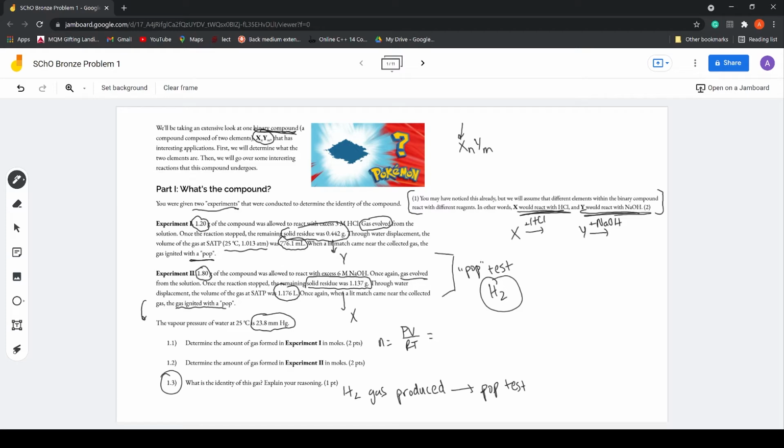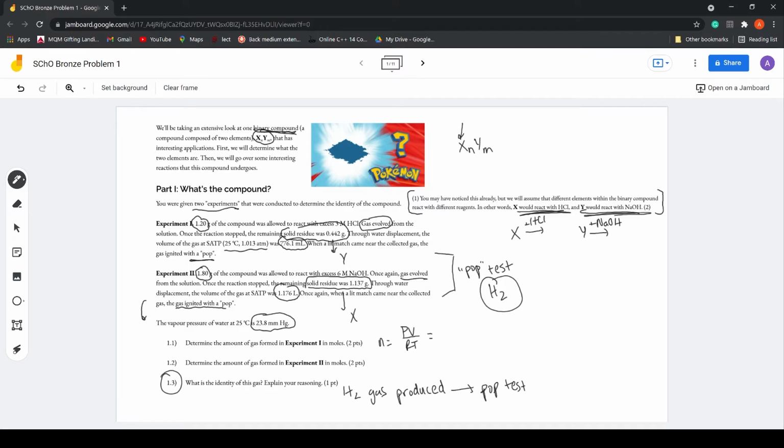But this is where we've got to be careful, because our total pressure is coming from not only the hydrogen gas, but also the vapor pressure of water. So our total pressure is 1.013 atmospheres, but that's coming from not only the hydrogen gas, but the water as well.